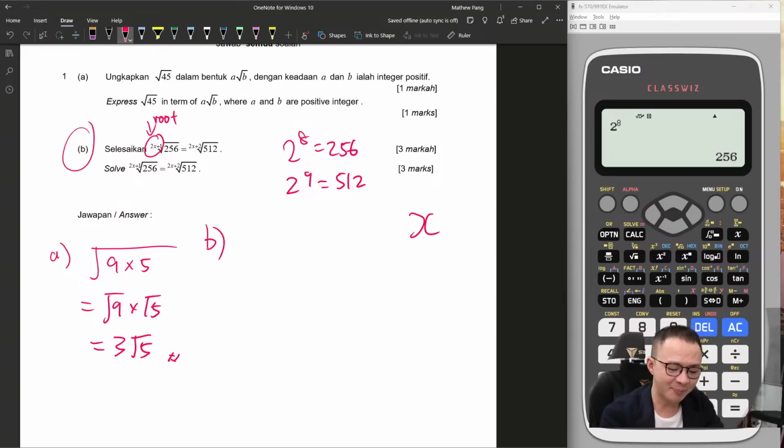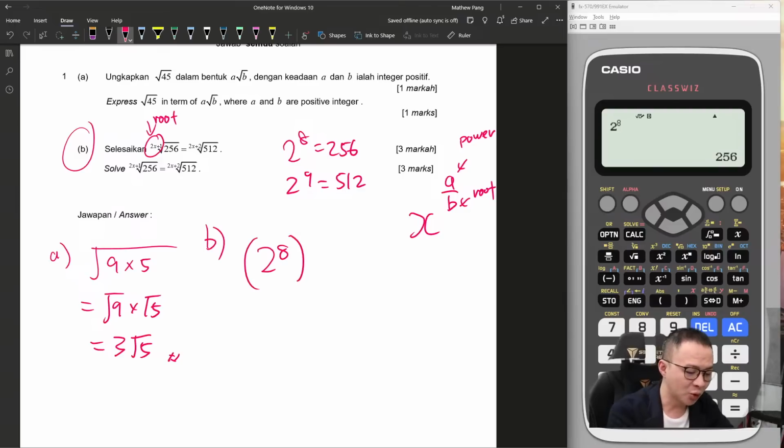If this is x power a over b, a is for the power, b is for the root. So right now the root is 2x plus 1. So 256, I change to 2 to the power of 8, and because 256 is power 1, it's 1 over 2x plus 1.